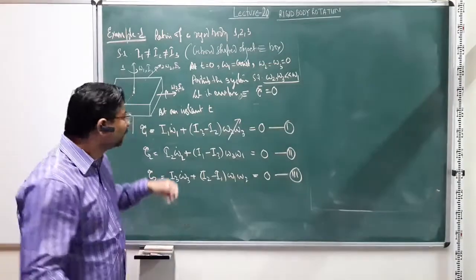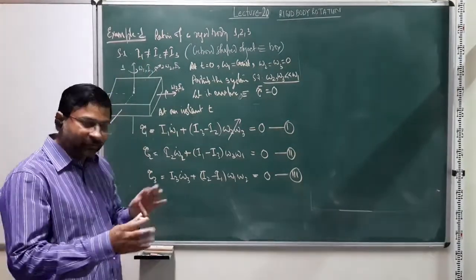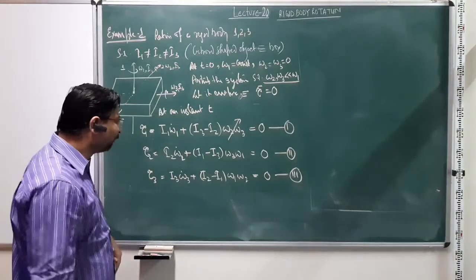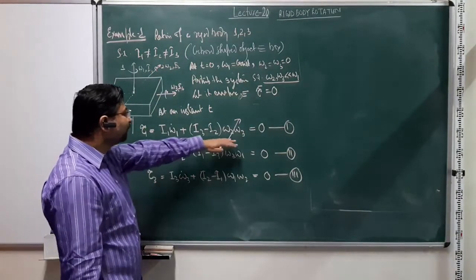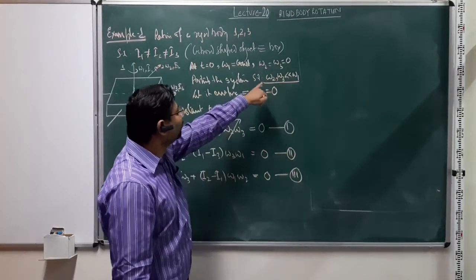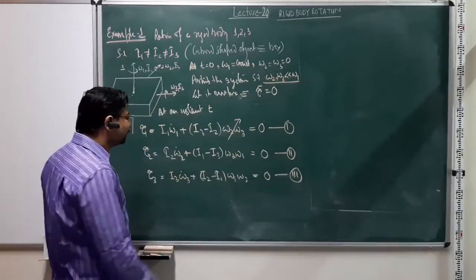It's not that I3 is going to be, let's say, 100 times smaller than I1. For a general rigid body, these are different, however they will have the same kind of order of magnitude. So with omega 2 omega 3 being very close to 0 and much less than omega 1, this term is negligible, right?